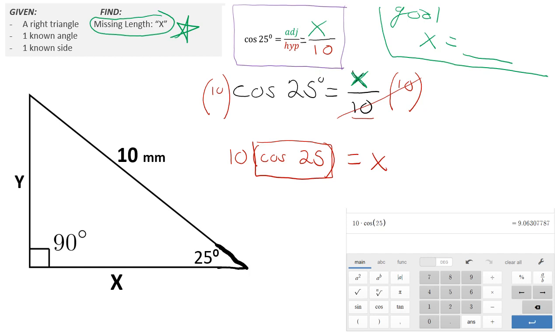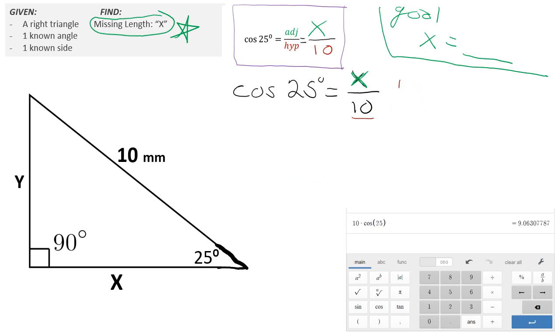So that's totally fine. You can do it that way, but I just want to show you another way to think about it if this is a little easier, and that would be cross multiplication. So you can also think of this cosine 25 being over 1. So we could have the cosine of 25 over 1 equals x over 10. And if that's a little easier for you to think about it that way, that's totally fine.